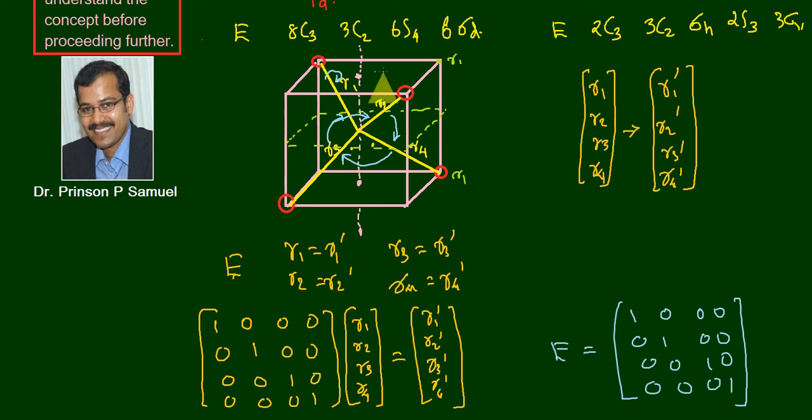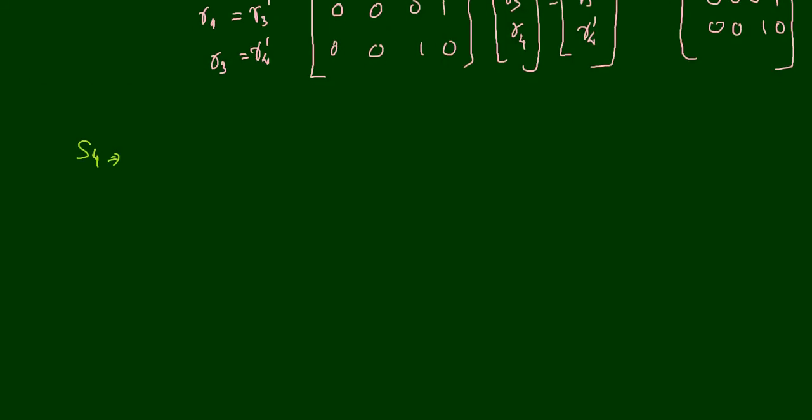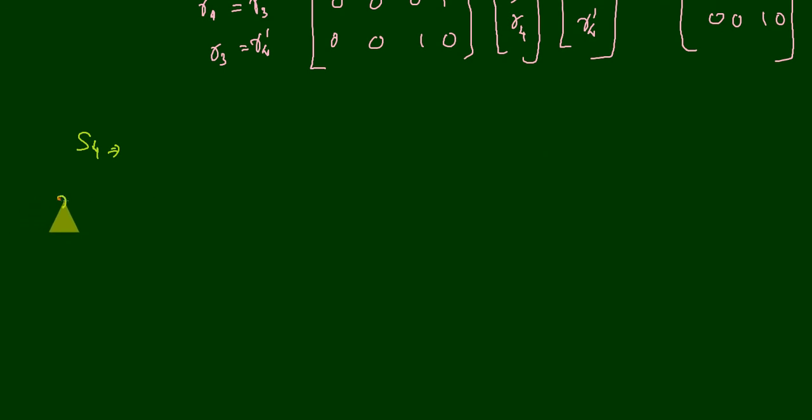So during the entire operation, R1 which was here will come here. So R1 will go in place of R4. That is what is happening in the S4 rotation. R1 will go in place of R4. So let me write it like this here. R1 will go in place of R4.